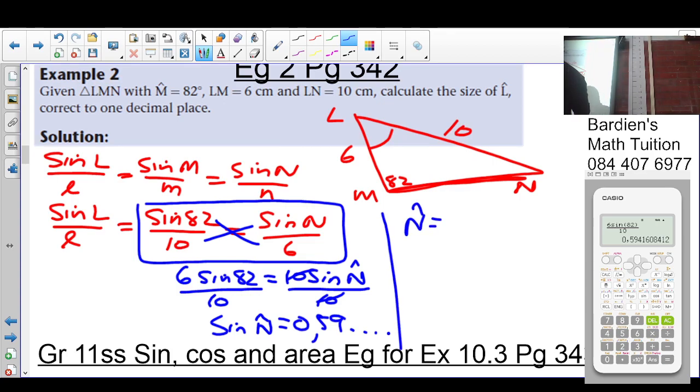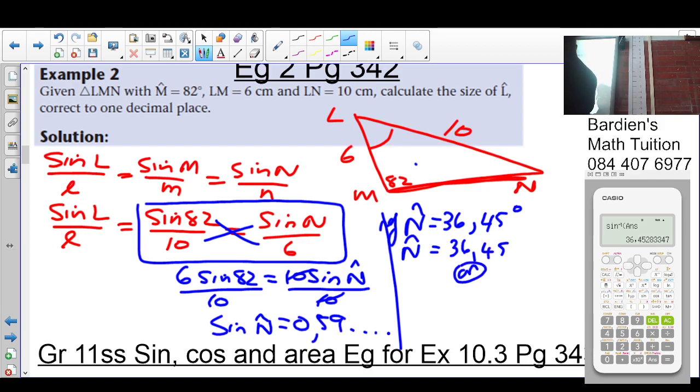It's an arc sine. Right, so that could be a reference angle of 36,45. So N is simply, if it's an acute angle, 36,45.